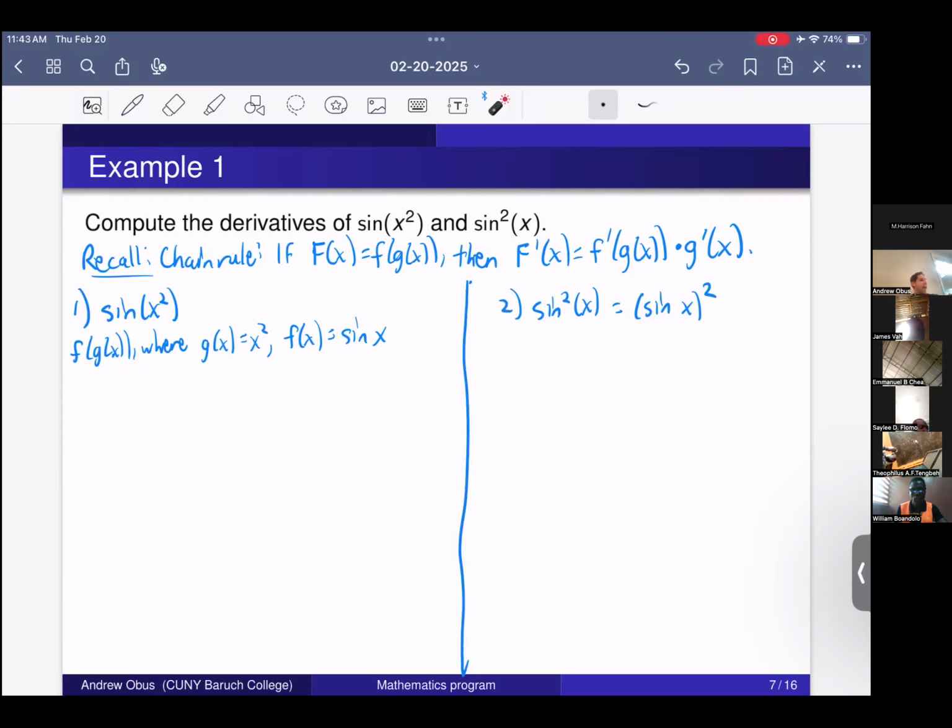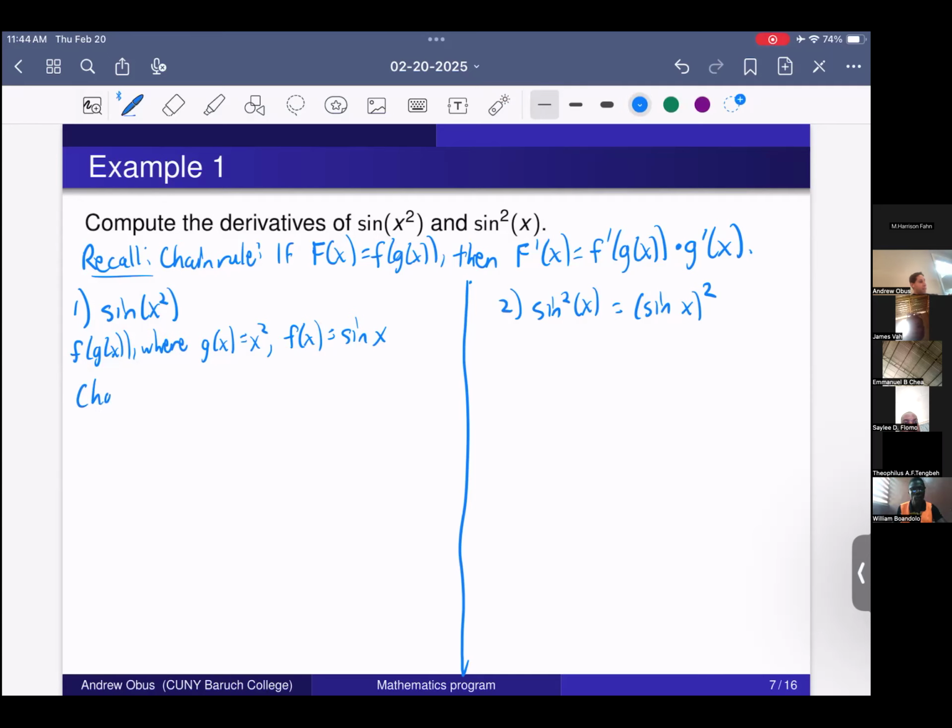Right? I haven't taken any derivatives yet. I'm just writing this as a composite function. How do you do sine of x squared? Well, if somebody gives you x, how do you evaluate sine of x squared? Well, first you square it, and then you take the sine. So that's f of g of x, where g of x is x squared. That's what you do first. You square it, and then you apply f to take the sine.